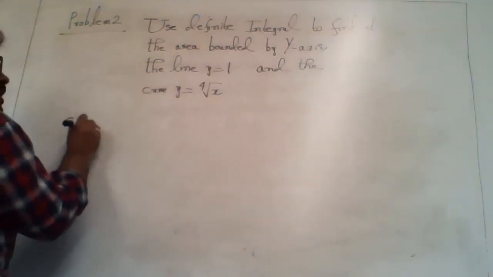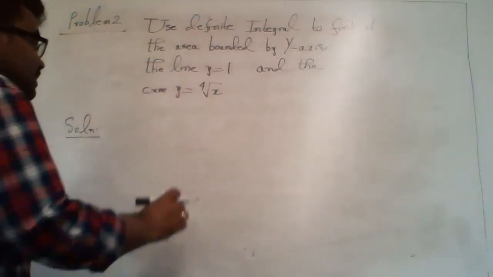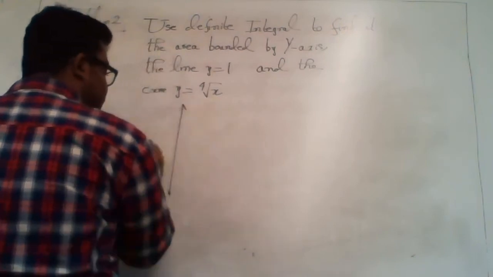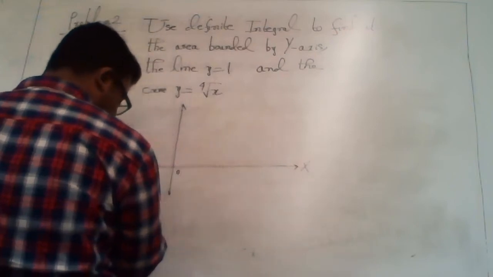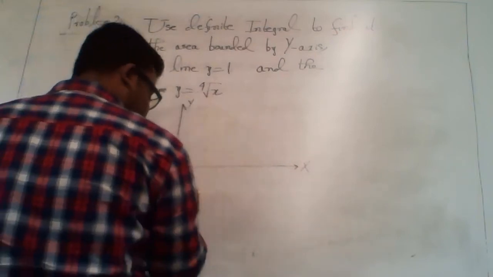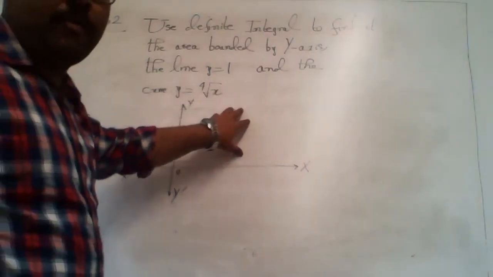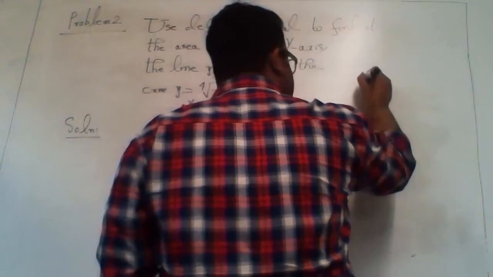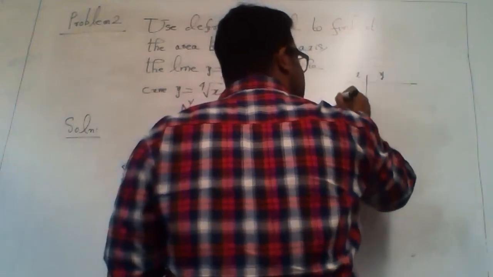So let's try to draw this particular line and this curve first. Let's draw a rough sketch of this graph. Right, so this is my function y equals 4th root of x. The best way is to take a value of x and y in order to draw a graph.